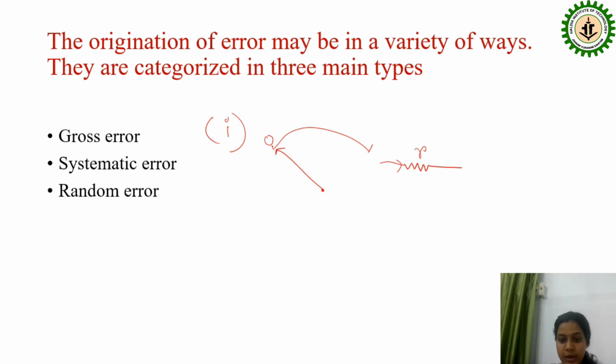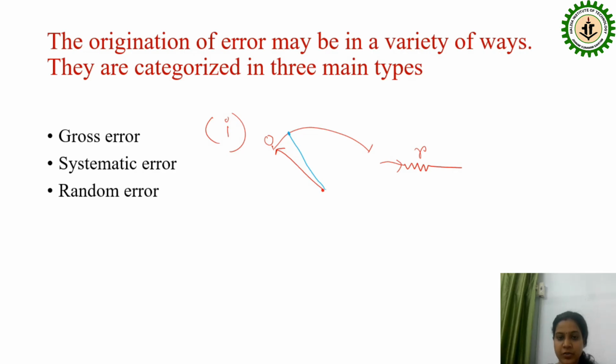Now, if the position of this pointer is not exactly at 0, somehow it is late, like this, then what will happen?